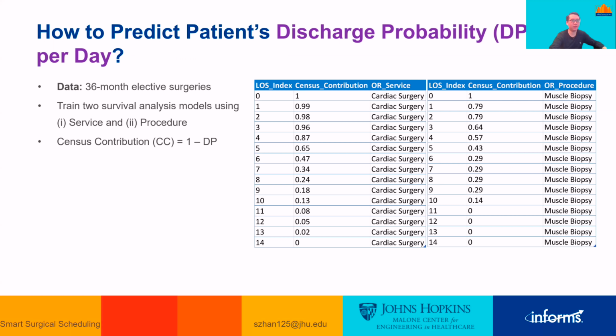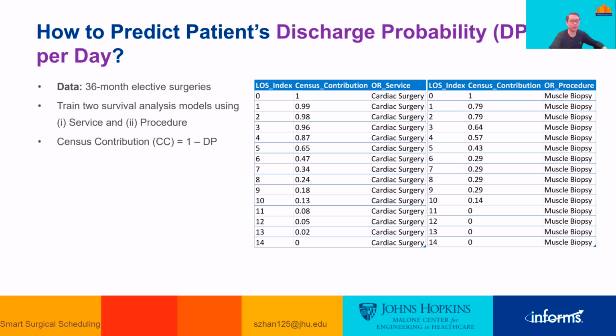Survival analysis is a time-to-event method, and in our problem setting, the event we would like to predict is the patient being discharged from the hospital. The model can give a discharge probability per day, and one minus that probability is the probability of the patient contributing to the census. We train the model with historical elective surgeries and their length of stay.